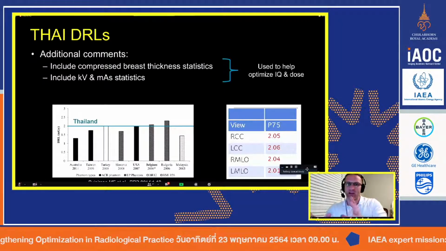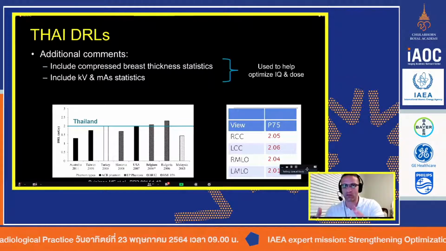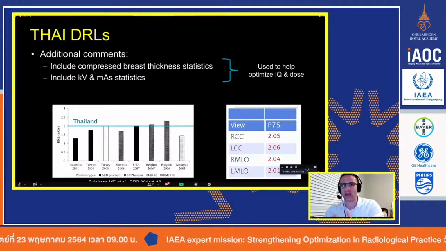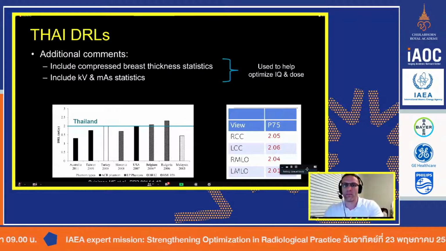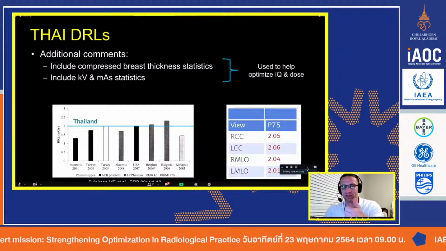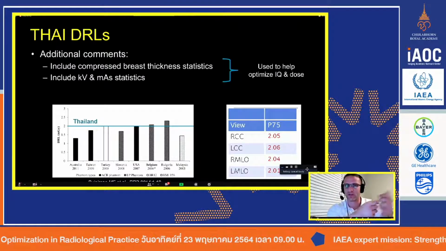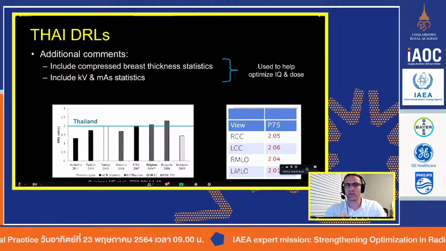The data that goes from your dose collecting software may not necessarily have kV, mA, or breast thickness. But if you can also send one image of that patient along with the dose, then you have all of this information you see on the screen, because it's all in the DICOM header.